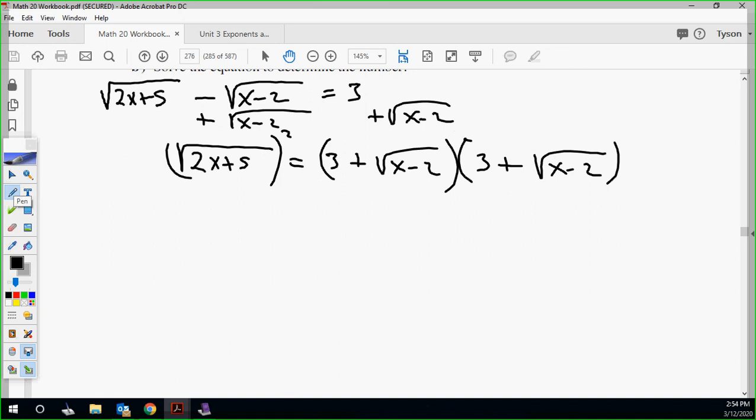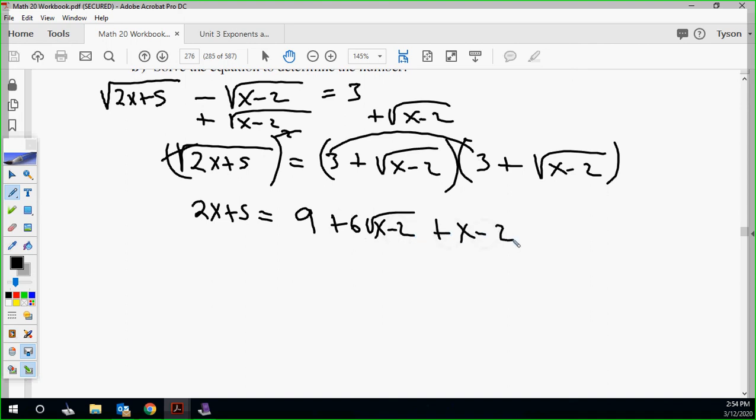Okay. So this one just cancels. So 2x plus 5, got rid of the radical. This one we need to FOIL. 9, because the 3 times the 3. Now I'm going to have a 3 root x minus 2 and a 3 root x minus 2 for 6 root x minus 2. Root x minus 2 times root x minus 2 is just x minus 2. Okay.